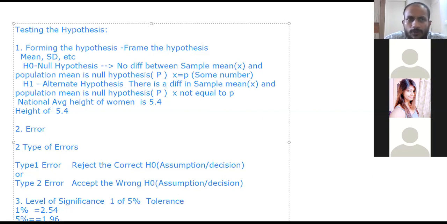What is the Z value for 1% level of significance?